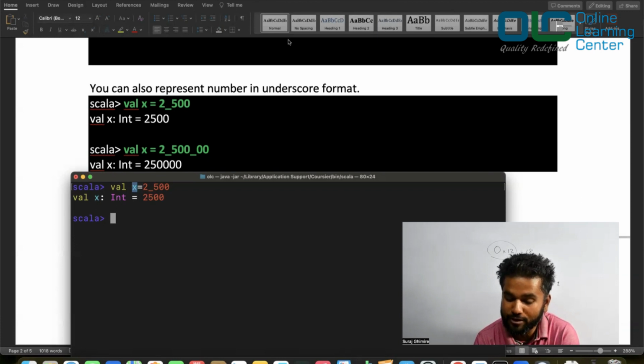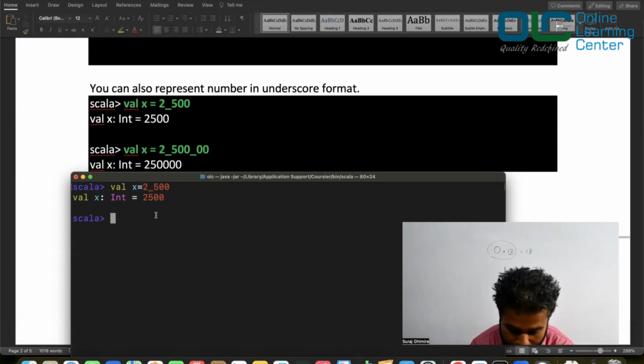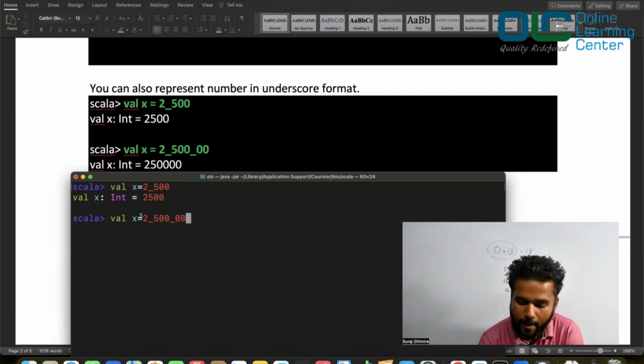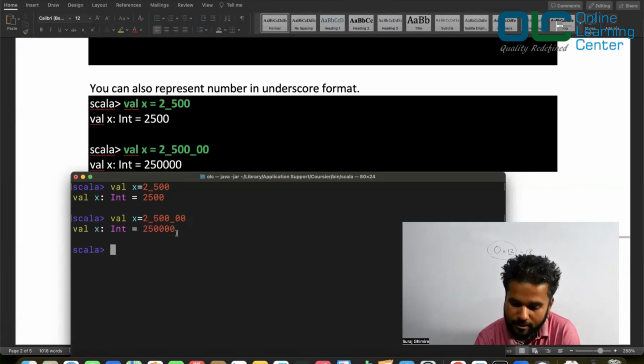See here, you're using underscore. Okay. Now similarly, let's try something like this. x is equal to 2_500_00.6 probably, okay. So when you do that, it just gives you this. It does not give you the dot, okay.